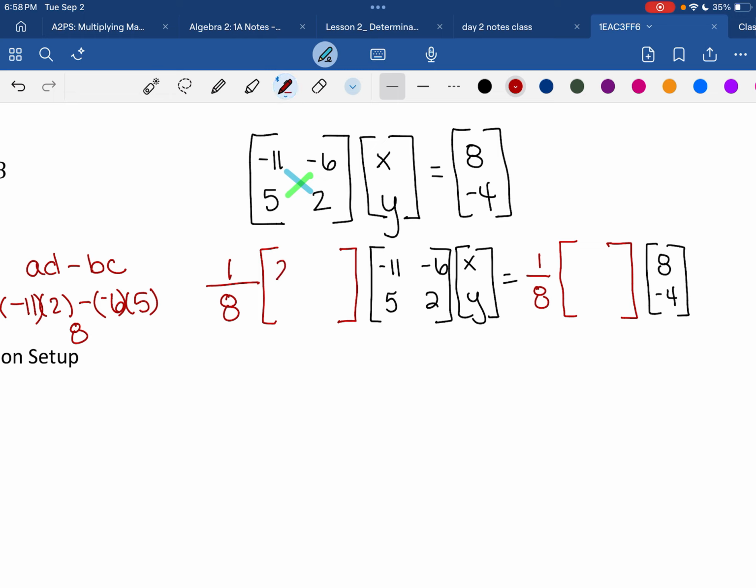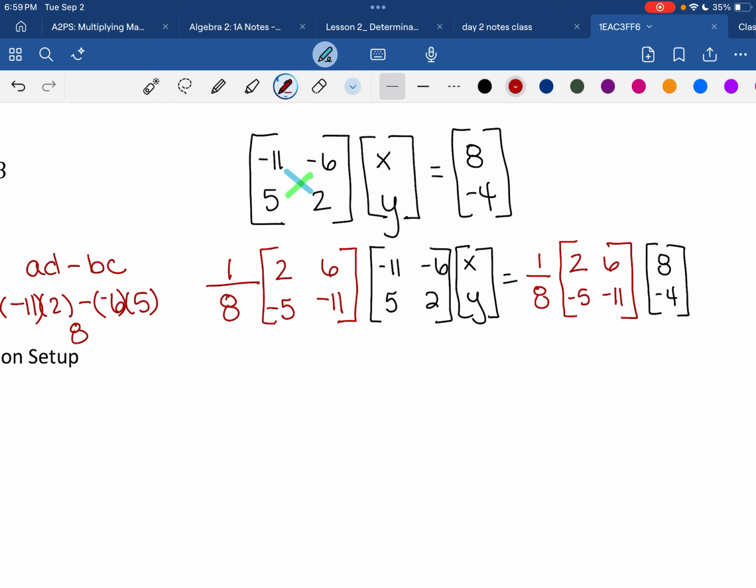So 2 is going to go up here, and negative 11 is going to go down here. And then on that green diagonal, the numbers I have are going to change their signs. So 6 is going to become a positive 6, and 5 is going to become negative. That matrix is going to get copied over because whatever you do to one side of the equation, you need to do to the other side of the equation. So I'm going to throw the 2, the 6, the negative 5, and negative 11 right there.